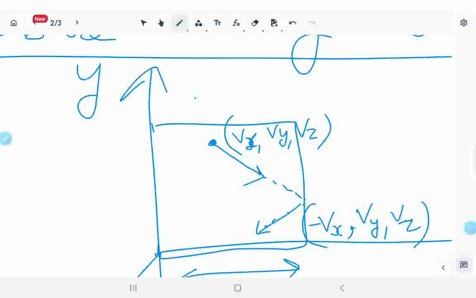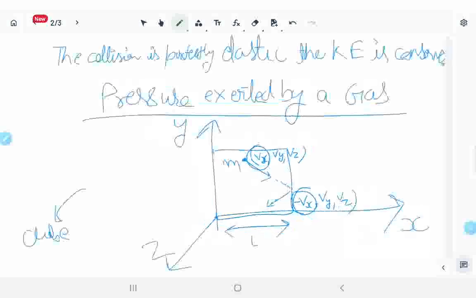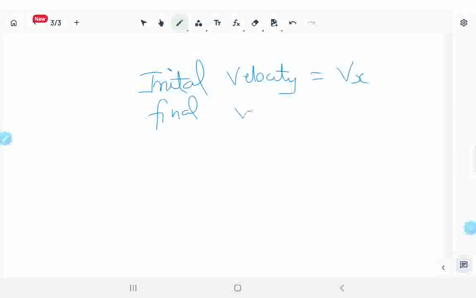We are assuming that the molecule is colliding with the wall perpendicular to the x-axis, so only the x component of the velocity changes. Let us suppose the mass of this molecule is small m. Now what is the momentum change of the ball? If the initial velocity was Vx, I am talking only about the x component, and the final velocity after collision becomes minus Vx, what is the change in momentum?